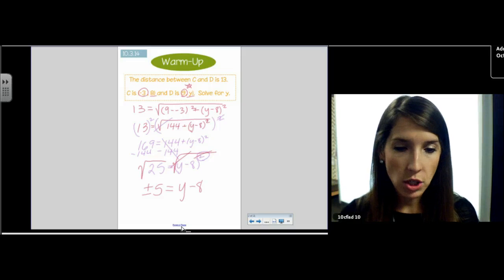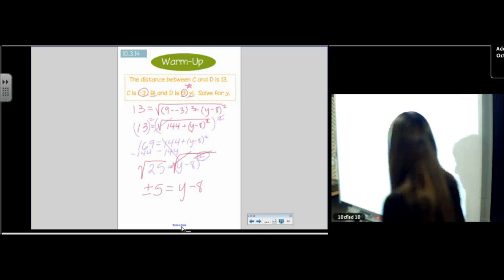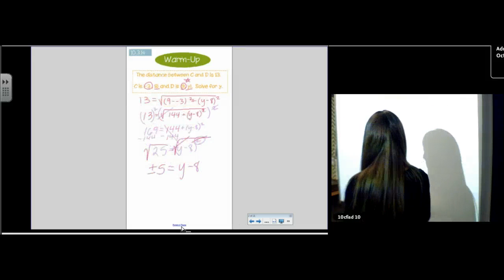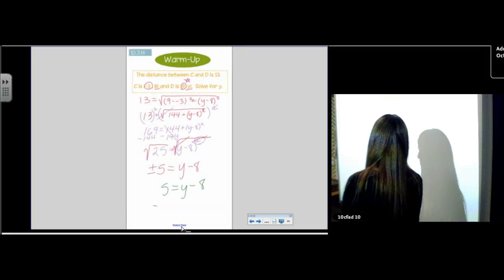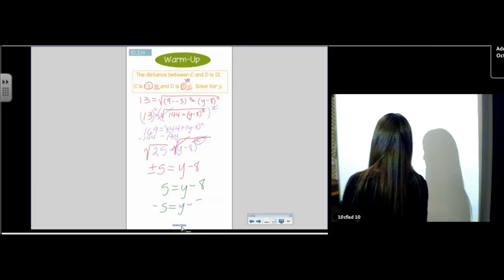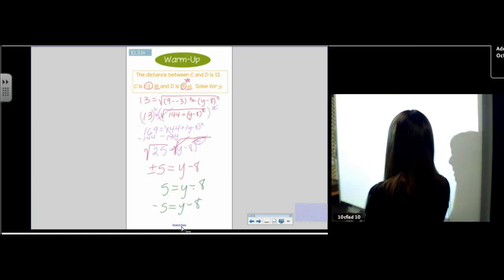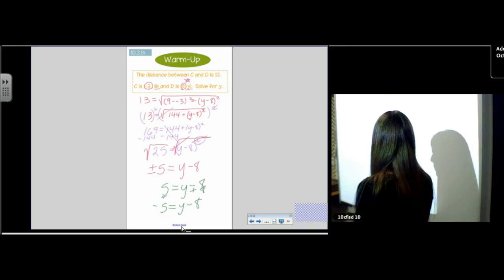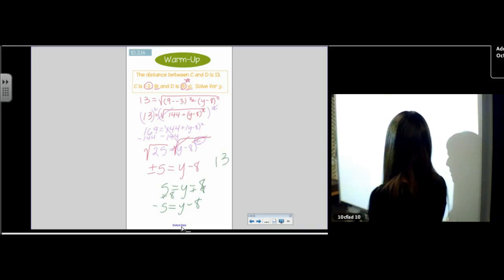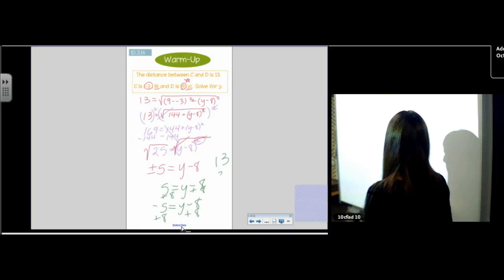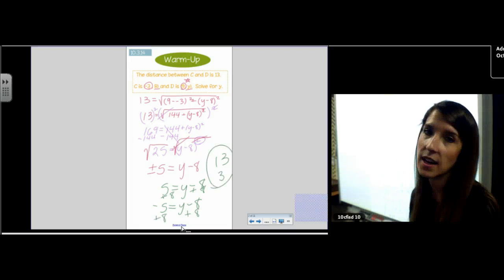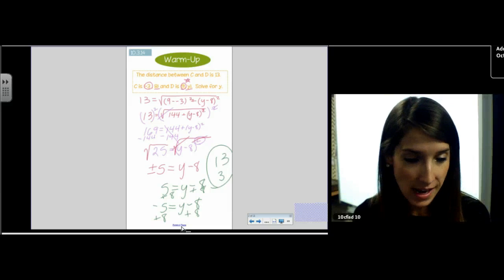So then you can set them up separately. You can say 5 equals y minus 8, and negative 5 equals y minus 8. Then you add 8 to both sides. y is 13. And you add 8 to both sides, and y is 3. So the answer is 13 and 3.